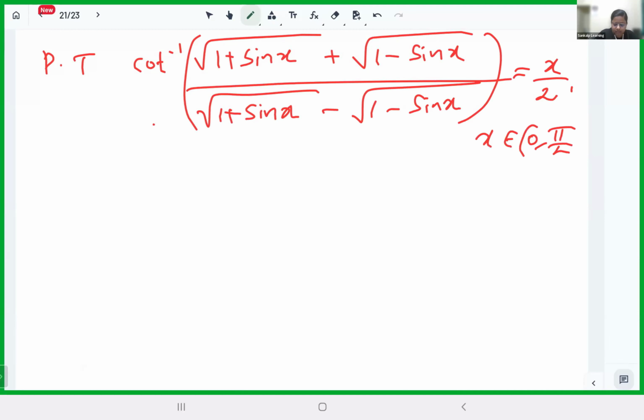We have given the condition that x belongs to 0 to pi by 4. All right, so we have to prove this. Again, we have to apply certain identities and make certain adjustments in order to reach the value x by 2.